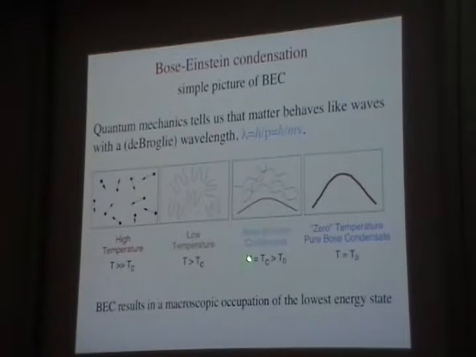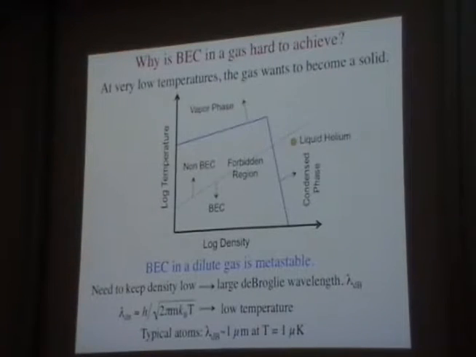And so once you cross over this transition temperature, you get this macroscopic wave in the ground state of your system, or the trap, which can often be basically a pure Bose-Einstein condensate. So basically, a Bose-Einstein condensate is a macroscopic occupation of the atoms in the lowest energy state of the system, or the trap.